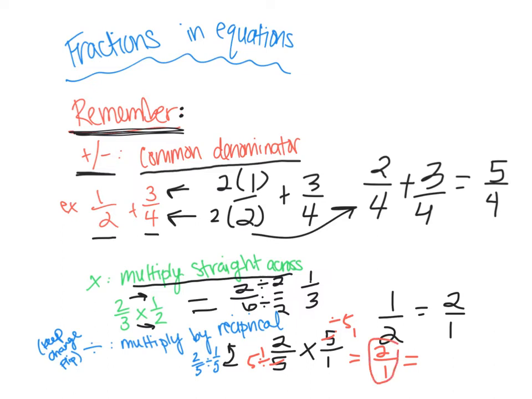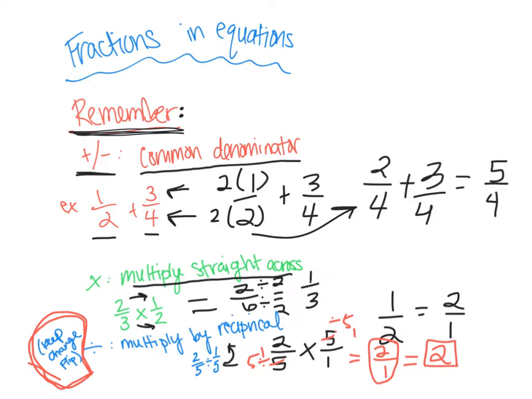Again, don't leave this as 2/1. We want to make sure we're simplifying, and that would be just 2. This is also the keep, change, flip rule, if you've heard of that before. And this is all review from 6th grade when you first kind of mastered this. 7th grade, you continue to practice it. So hopefully this all sounds very familiar.